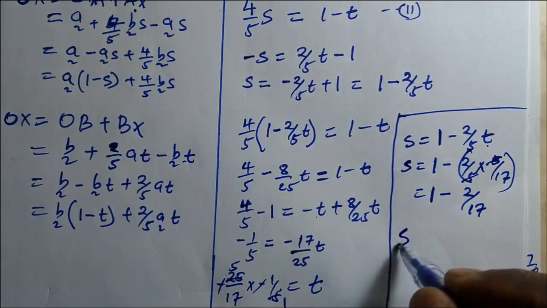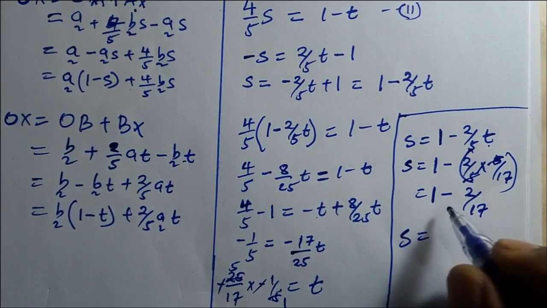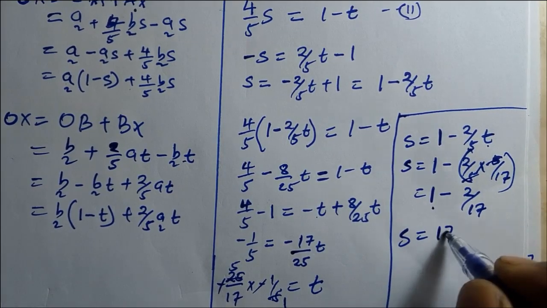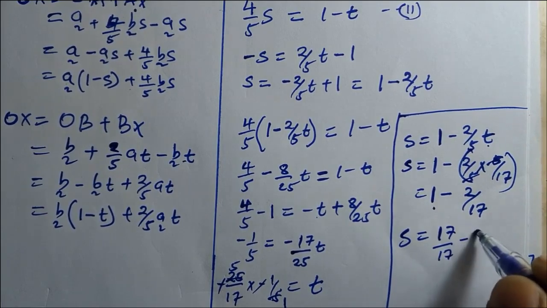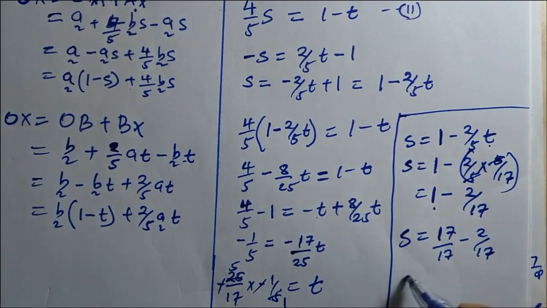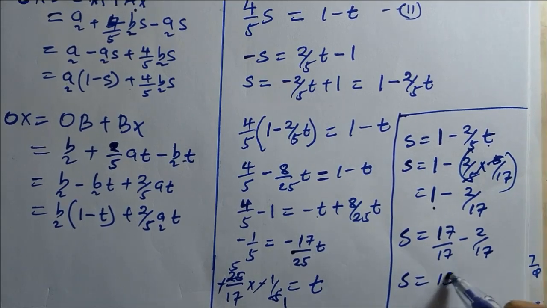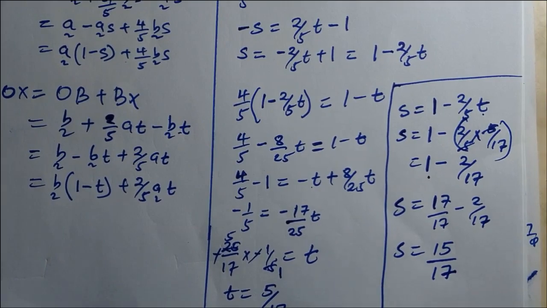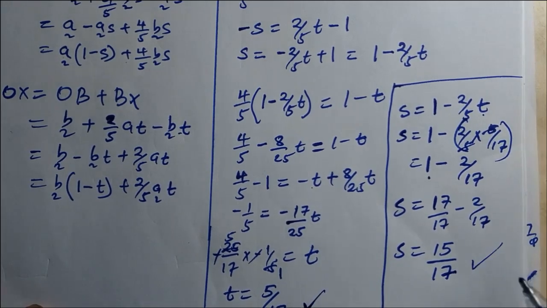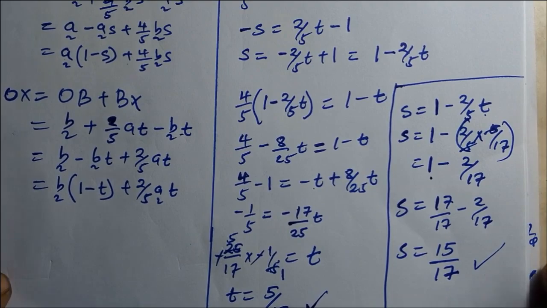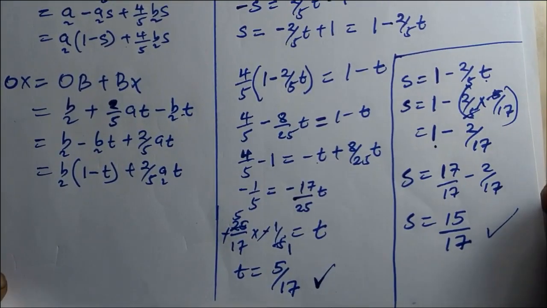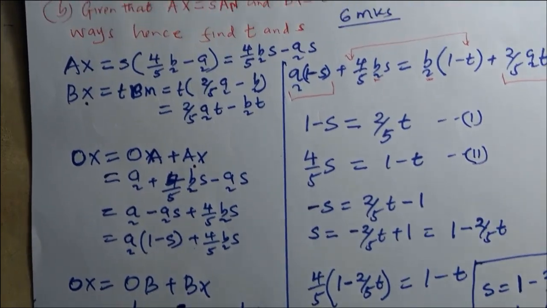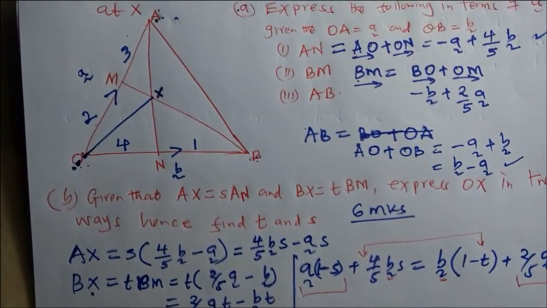This is 17 over 17 minus 2 over 17. S is equal to 15 over 17. Now you have gotten your values of S and T. I hope you have followed. Thank you.